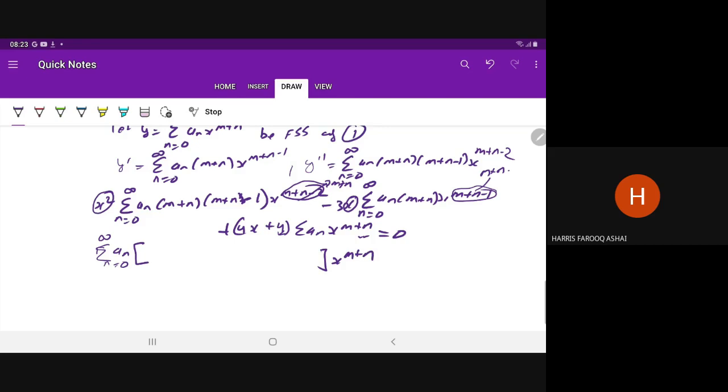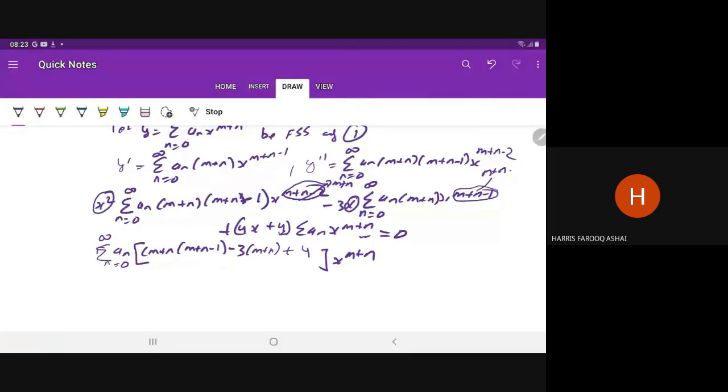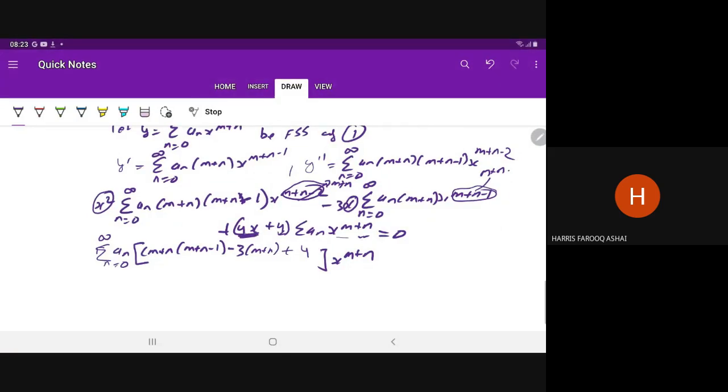When we collect the terms of x to power m plus n, we have a n times (m plus n)(m plus n minus 1). From the second we have minus 3 (m plus n), and from the last we have the plus 4. And if you multiply the 4x with this, you will get x to power m plus n plus 1.